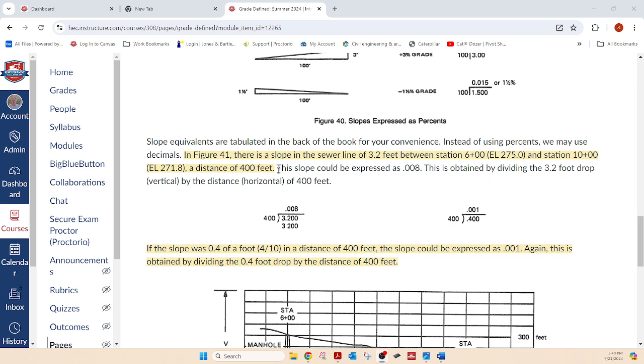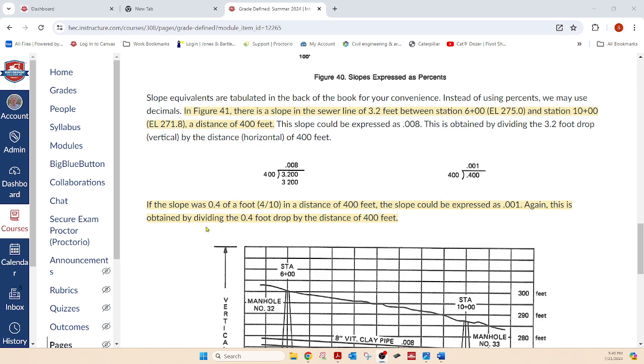We divided 3.2, the vertical, by the horizontal distance, 400 feet, and that gave us 0.008. Now, if the slope was 0.4, 4/10 in a distance of 400 feet, the slope could be expressed as 0.001, but it's not 0.4.